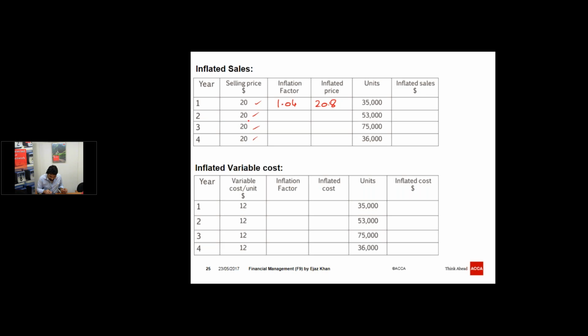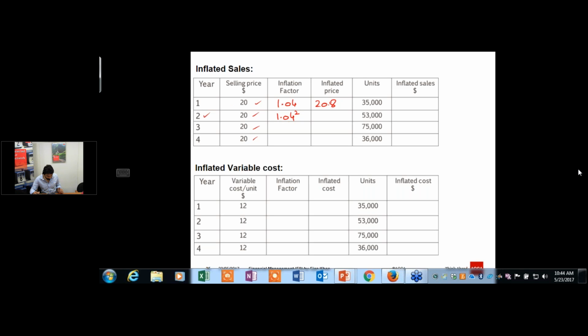Okay. For year 2, we will not multiply it with 1.04 again because it will give us 20.8, which means that there will be no change. So what we will have to do is multiply it with 1.04 raised to the power 2. We'll actually multiply it twice with 1.04. So first just square the 1.04 and then multiply it with 20 and tell me the answer.